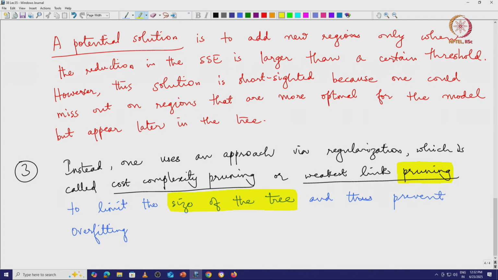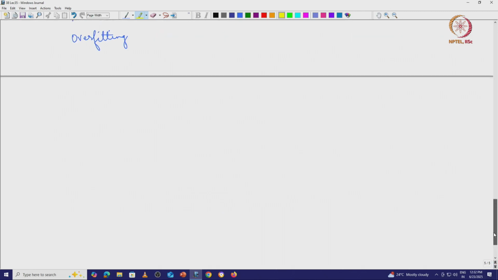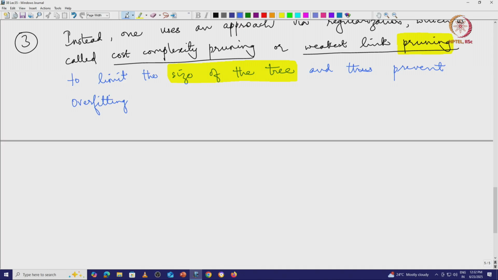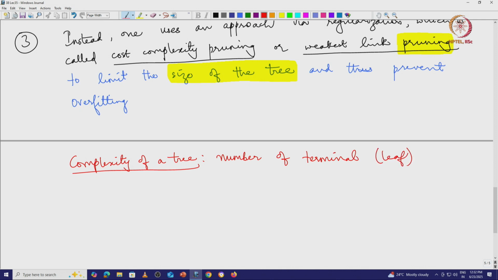Now we have to define mathematically what is meant by the size of the tree. The size of the tree, which is also called complexity, is defined as follows. So the complexity of a tree is essentially the number of terminal or leaf nodes in a decision tree.